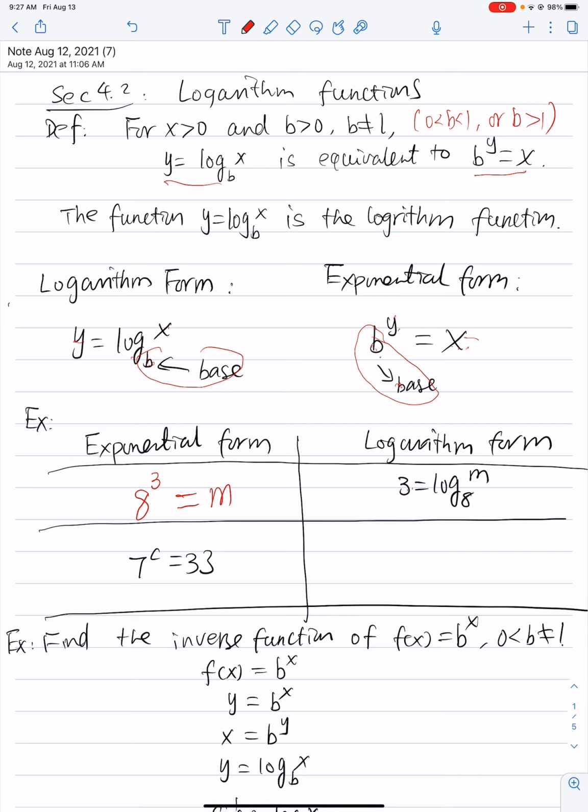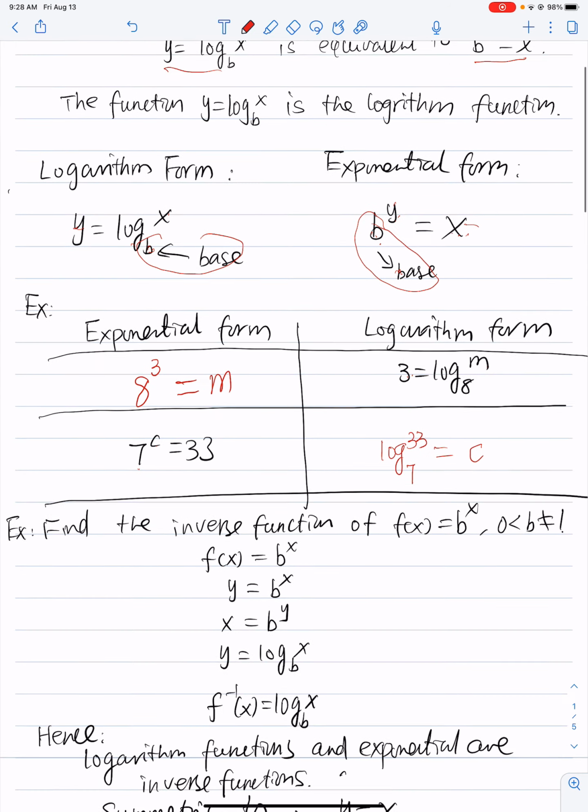Similarly, what is the base here? 7, so it will become log 7. So c is on the same side as the base 7, so now it goes to different sides. And 33 is on the different side, now it comes to the same side. Okay?